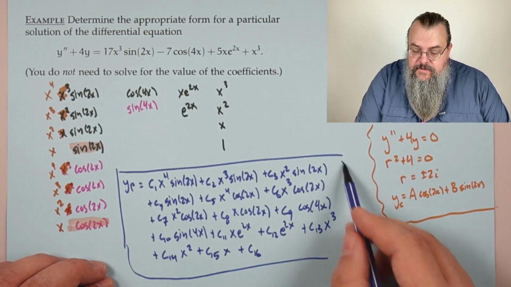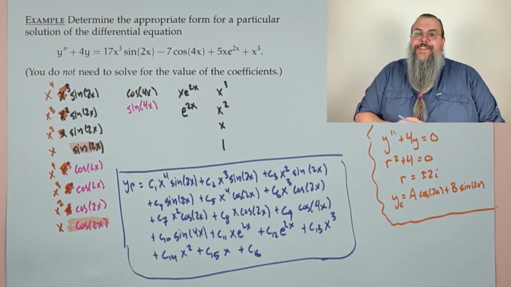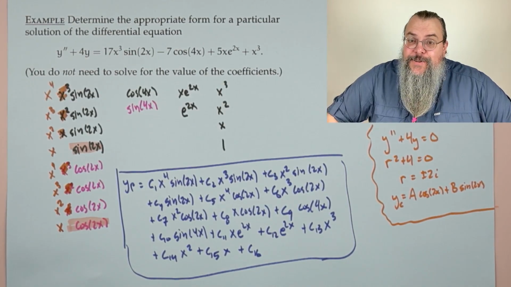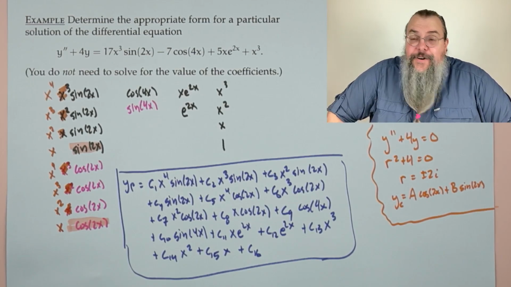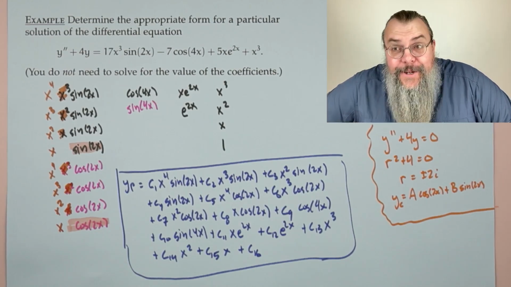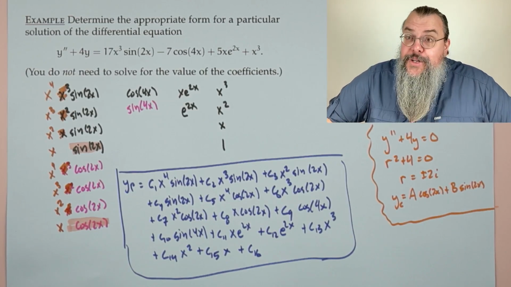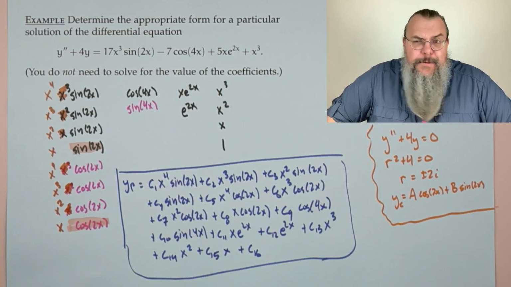And there you go. That's it. That's the form for the particular solution. And now you just have to find, all right, what are the right choices for your 16 coefficients? Well, you'd have to work to the end, but we don't on this one. But we probably should on one problem, so maybe we should do one of those.